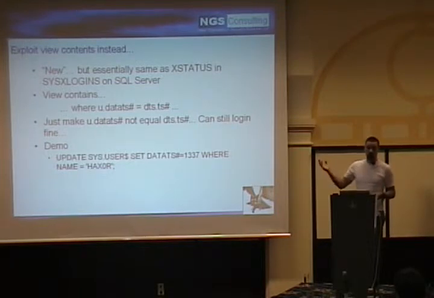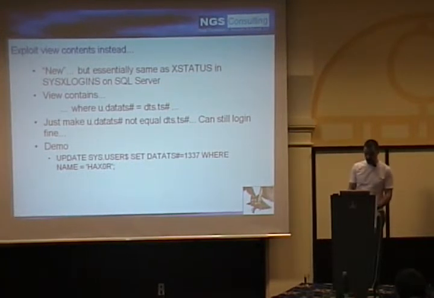And of course, we can still use the underlying table, user$, to find user accounts. So it doesn't solve any problems as such. It's just, rather than changing the text of the view, which is going to be easily noticeable, a direct manipulation of the data TS number, for example.